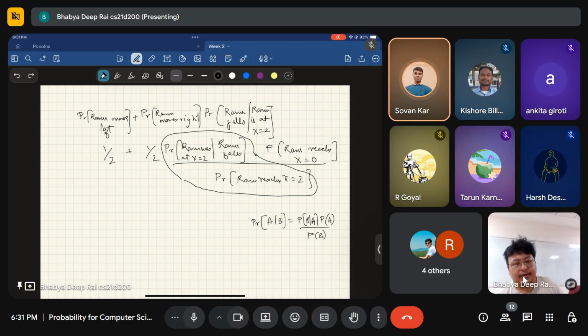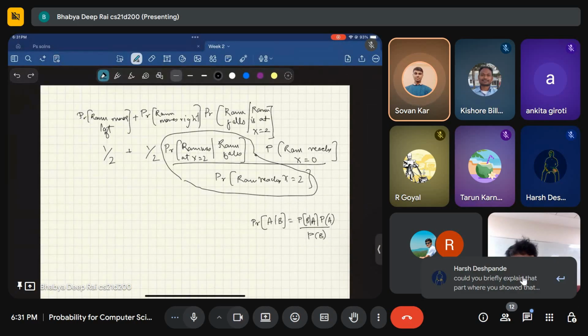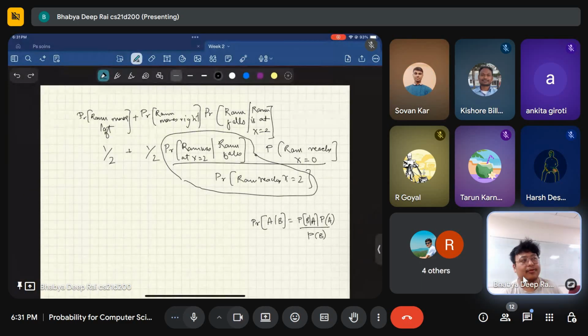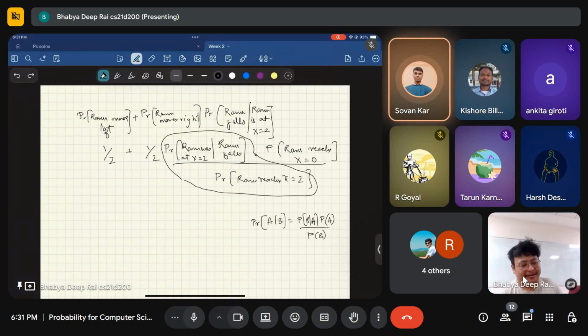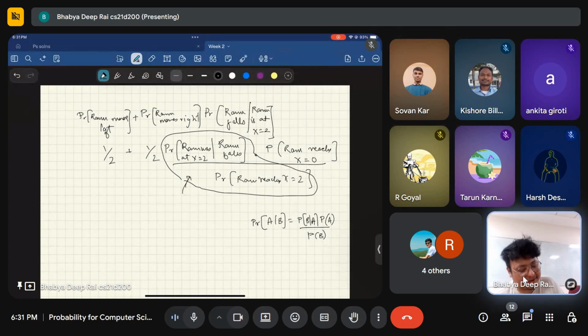You can write that in this way, that probability of Ramu falls given that Ramu at x equals to 2 into probability of Ramu at x equals to 2 by probability of Ramu falls. In that way, the whole part will be equal to 1. So this right hand part multiplied with 1 by 2 will become 1 there.